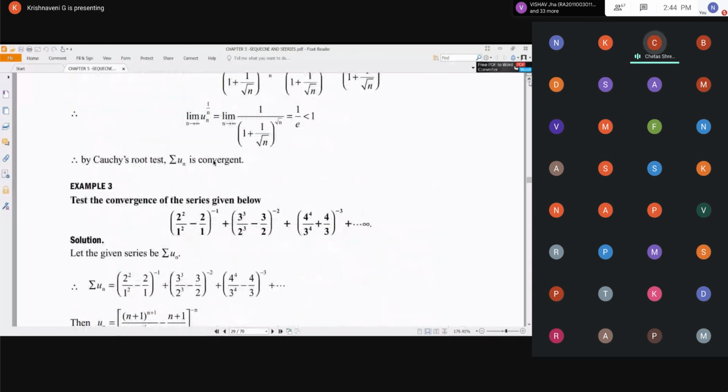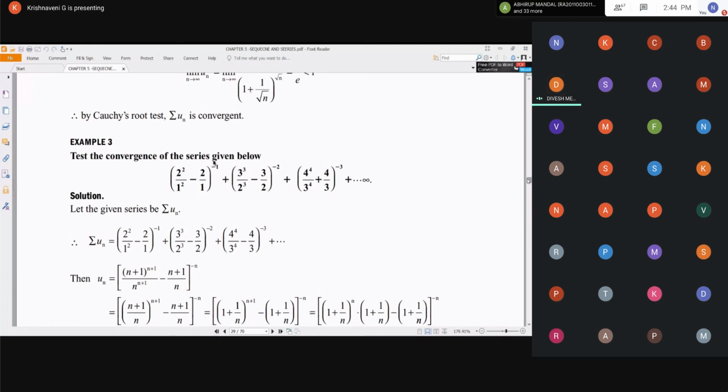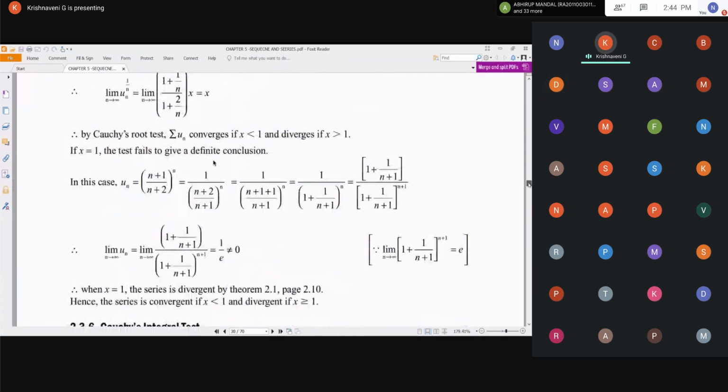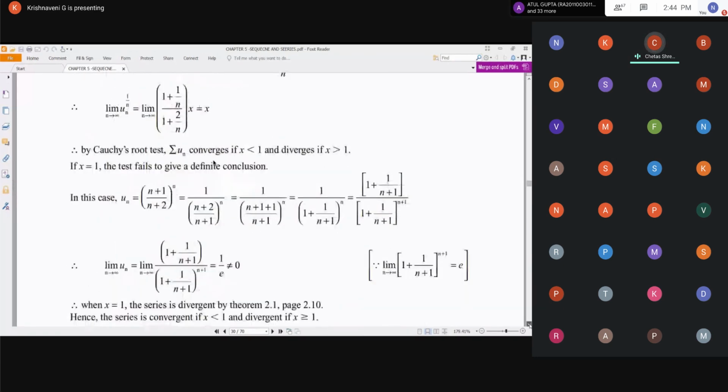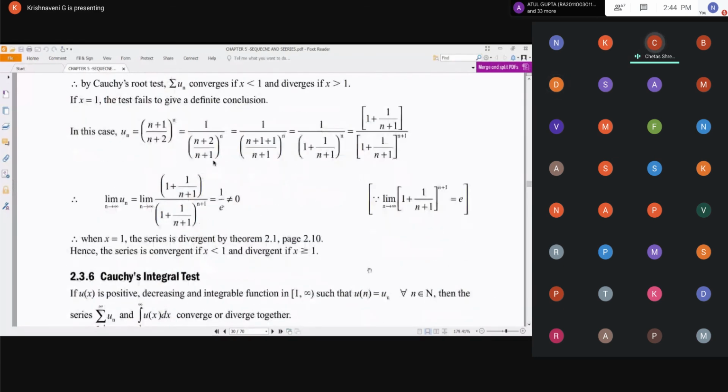Ma'am, can you show that case where x is equal to 1? It's the same problem. Yes, ma'am, a little down, when x is equal to 1. Ma'am, wait.